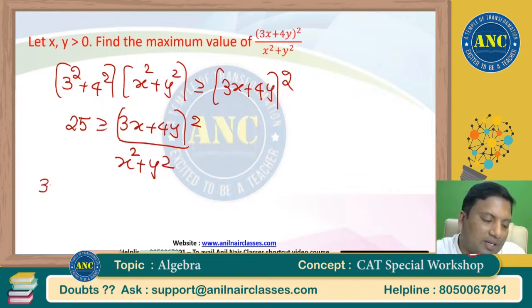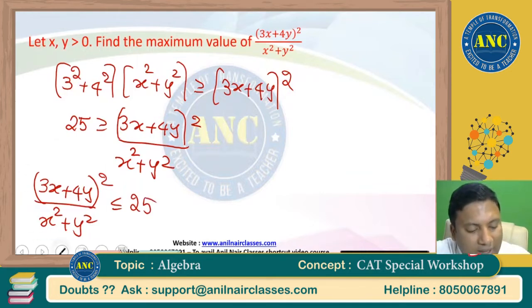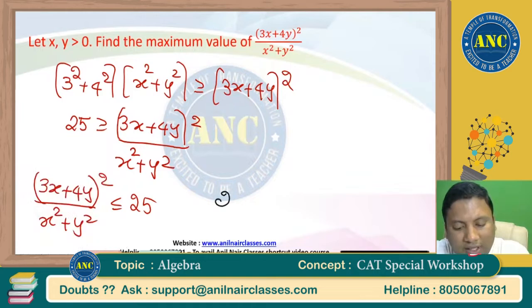So if I reverse it, (3x plus 4y) whole square divided by (x square plus y square) is less than or equivalent to 25. Less than or equivalent to means I will always get the maximum value. So the maximum value for this question is nothing but 25.